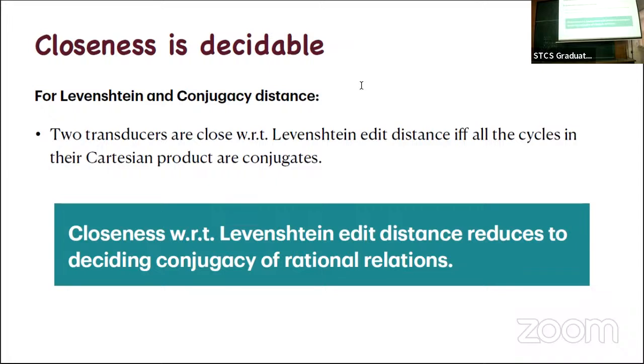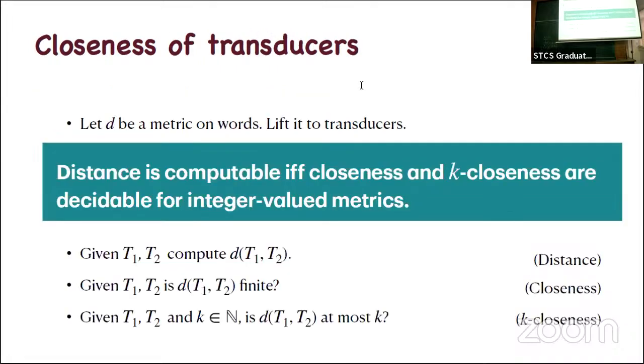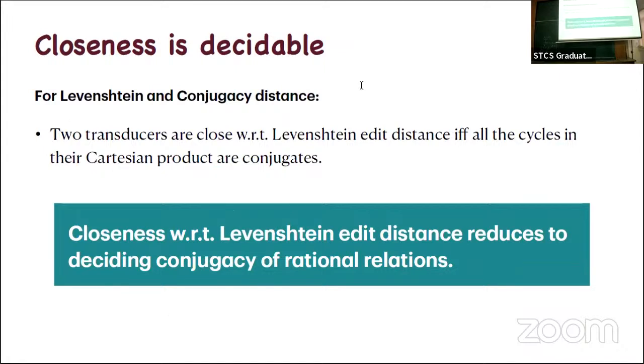And therefore you can verify closeness, and all these metrics you can compute on transducers. That means that we generalize the problem to almost all word metrics.